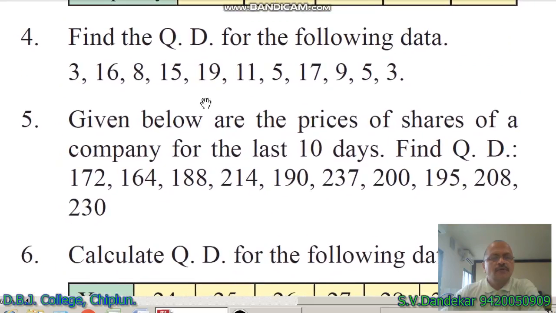Question number 4. Find quartile deviation for the following data. The data is given to us. Now out of this, 4 and 5th are both similar problems. I will solve only the 4th one. The 5th one also has some raw data given, and from that raw data we have to find out the quartile deviation.